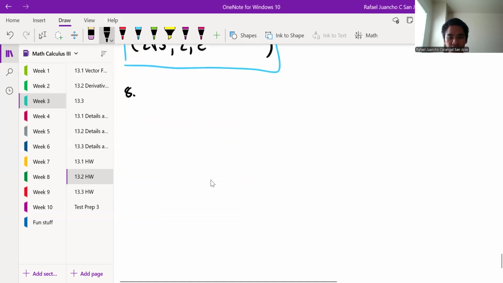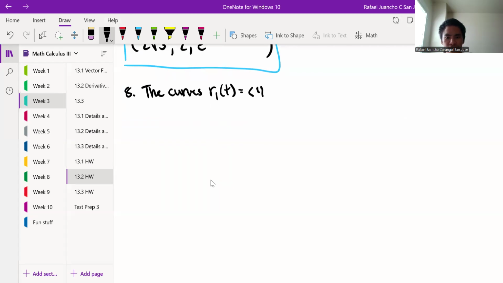So for number 8, here we're given curves. We have curves R1 of t, which is 4t, t squared, and t cubed.